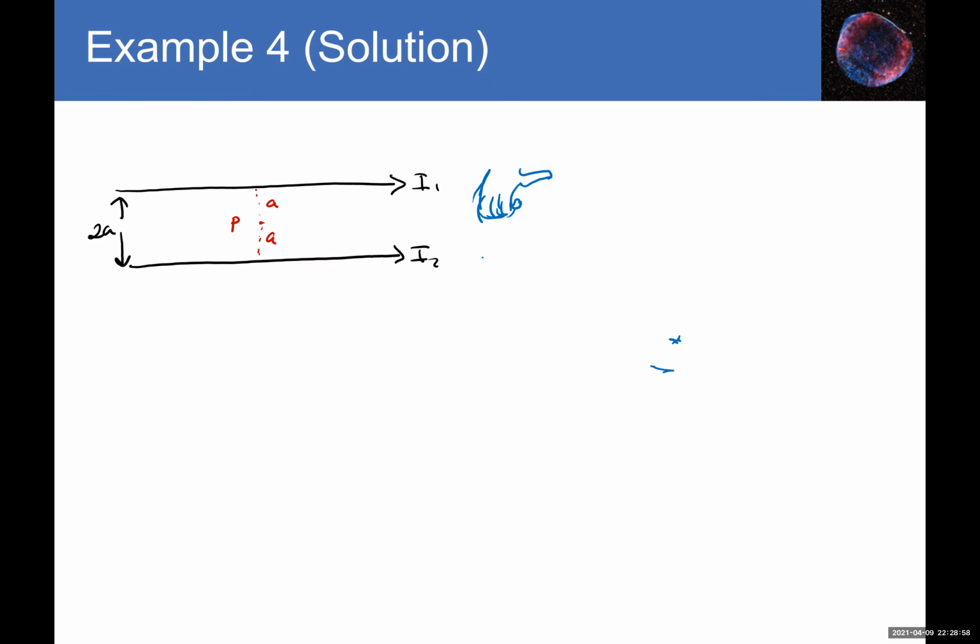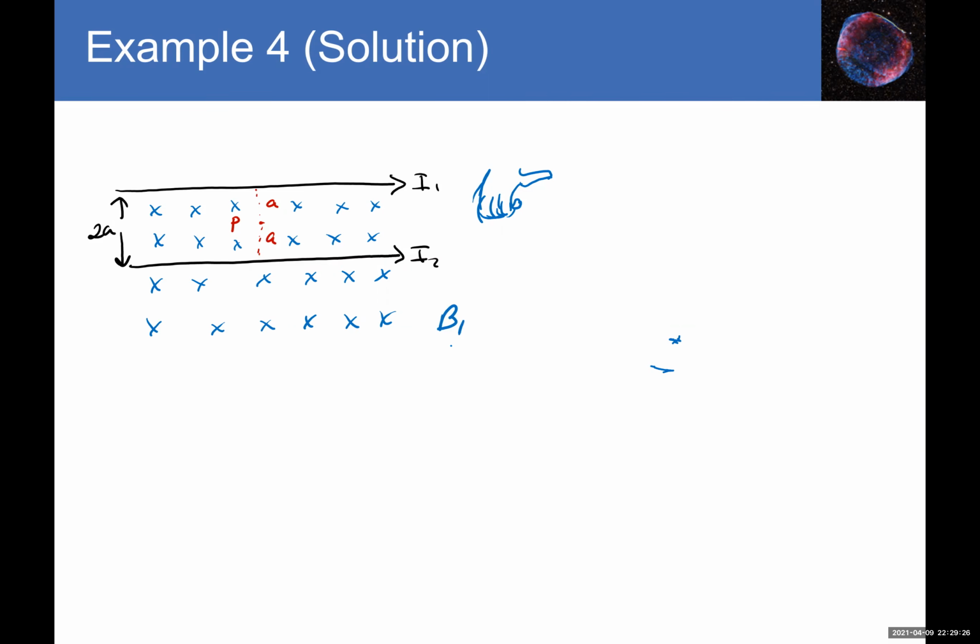That means magnetic field 1 will be into the page everywhere below wire 1. This entire region, including everywhere below, will be like this. This is the magnetic field due to wire 1, let's just call it B1.